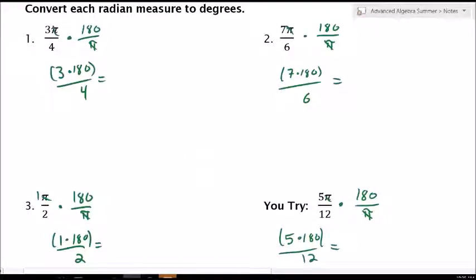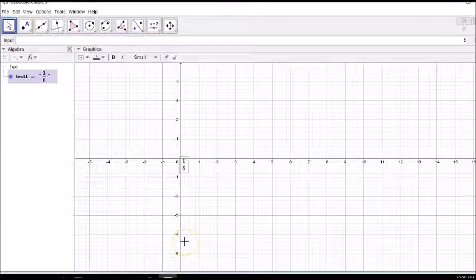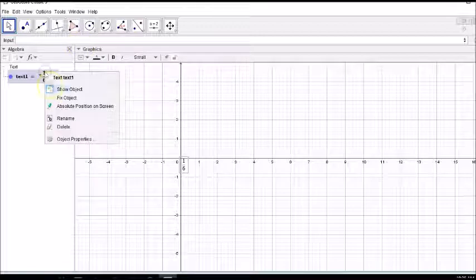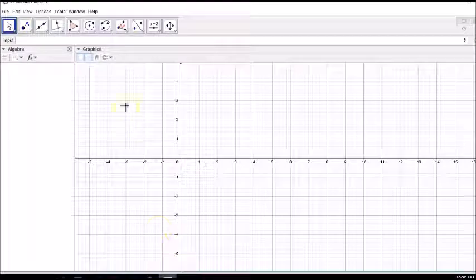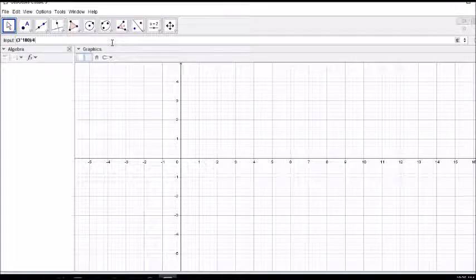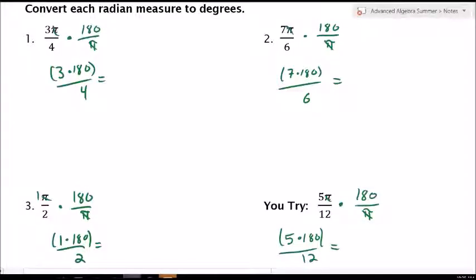So, if we're in GeoGebra, we're going to type exactly how it looks. So let's get rid of what we have. So we have 3 times 180 over 4, so I'll show one example in here. 3 times 180 over 4. And we get 135 degrees. This one would reduce to 90 degrees.